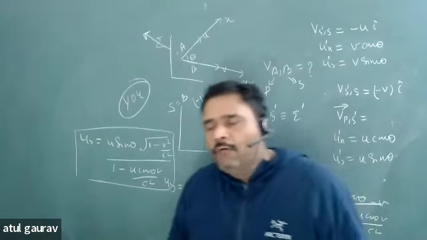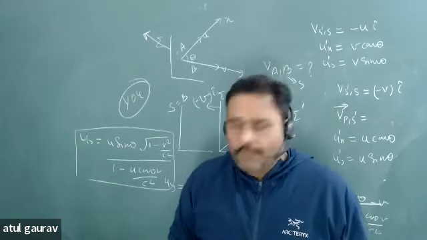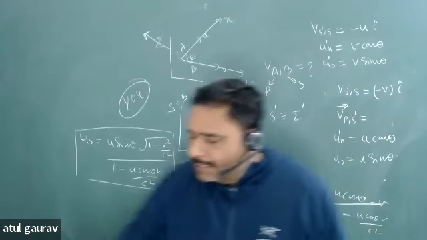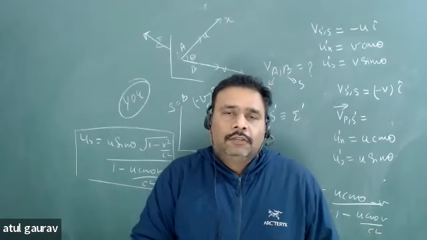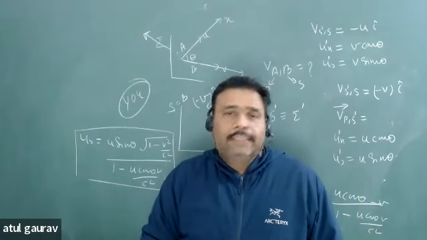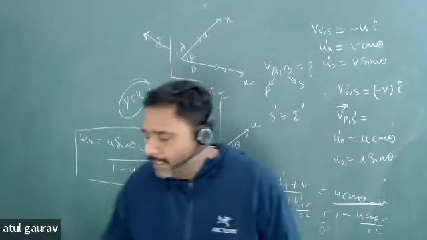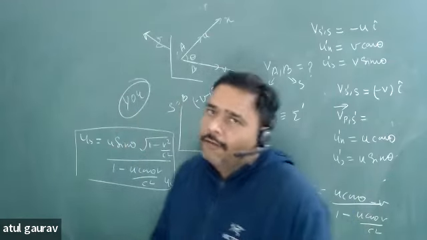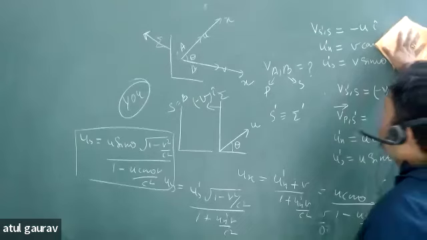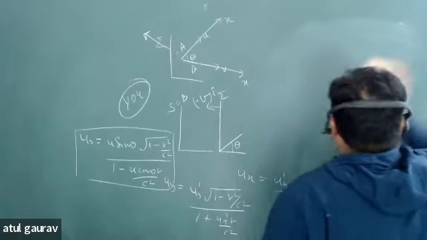When you use the Lorentz transformation, there are some main observations. The first observation is very interesting, very popularly known as length contraction. Let's try to understand what length contraction is.